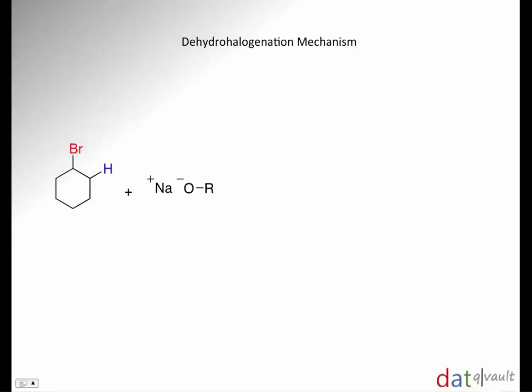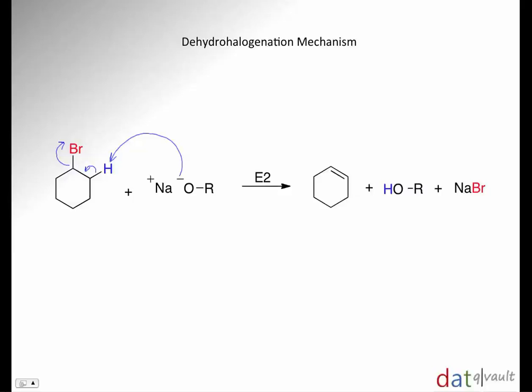Bases that are usually used for dehydrohalogenations are some sort of an alkoxide salt, where sodium and oxygen are your salt pair, and R equals some sort of a long hydrocarbon chain. So this oxygen is extremely basic, so it's going to deprotonate this hydrogen here, alpha to the bromine, or any kind of halogen leaving group, and then the bromine is going to get eliminated.